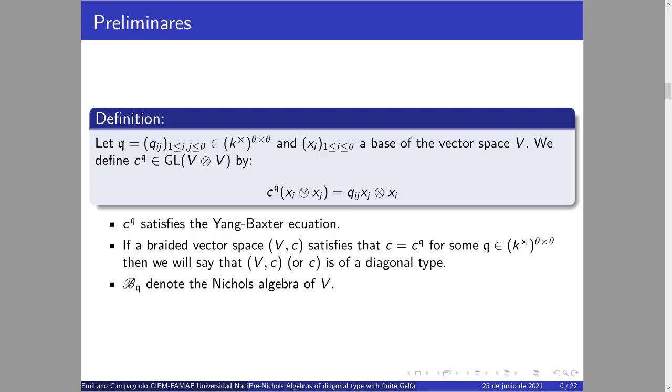If a braided vector space B satisfies that C is equal to C_Q for some Q, then we will say that B is of diagonal type. And B_Q denotes the Nichols algebra of B.